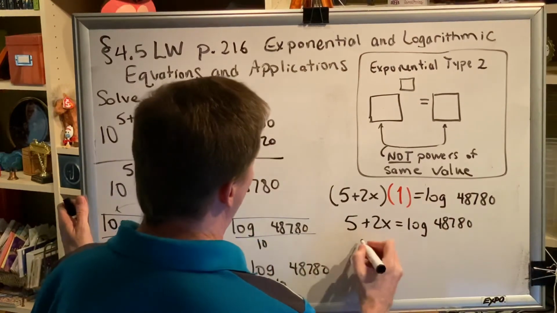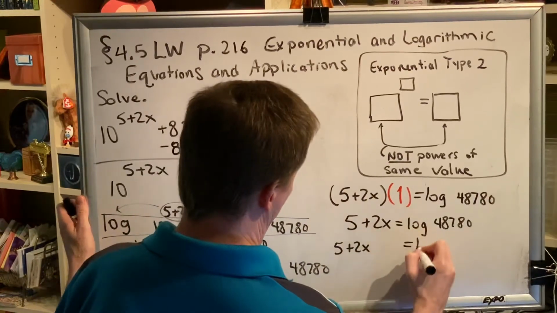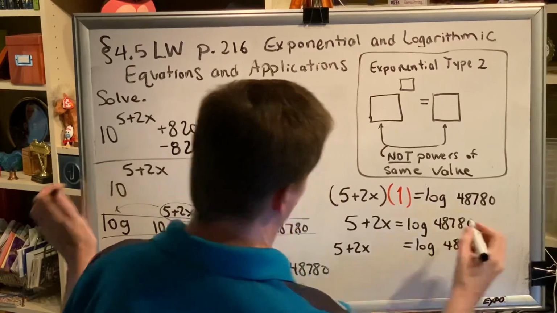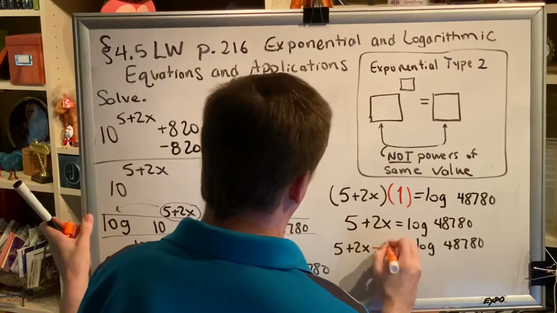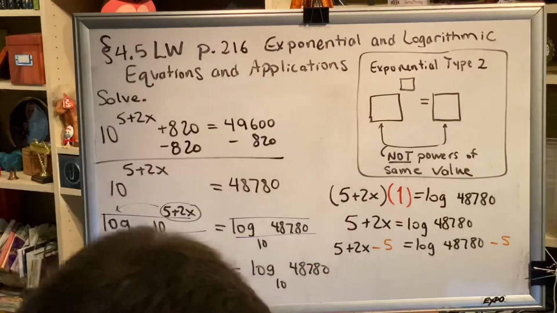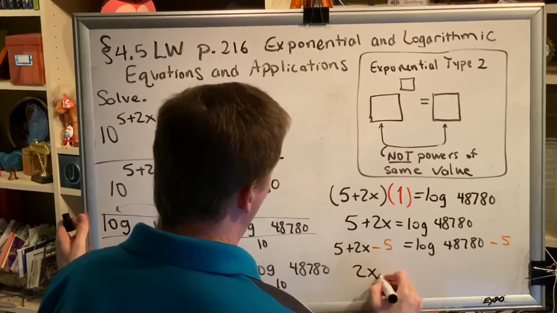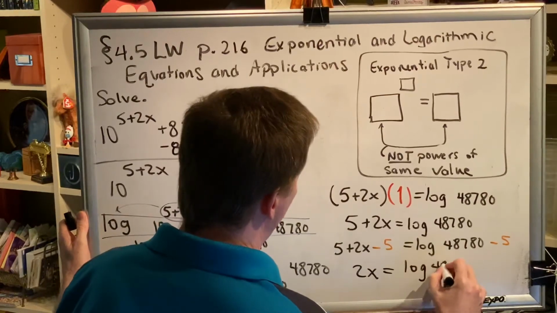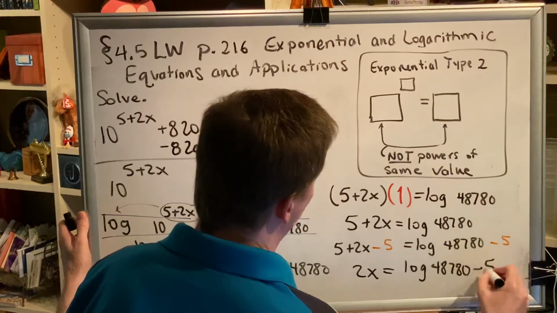Subtract 5 on both sides. The 5's cancel, and I get 2x equals log of 48,780 subtract 5.